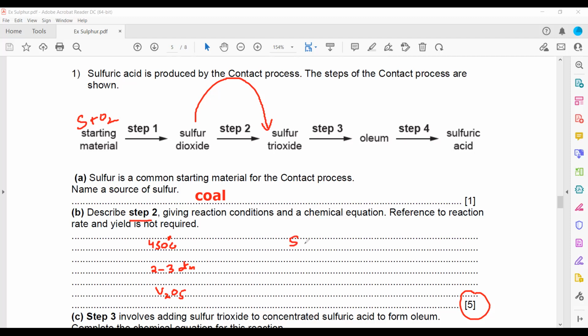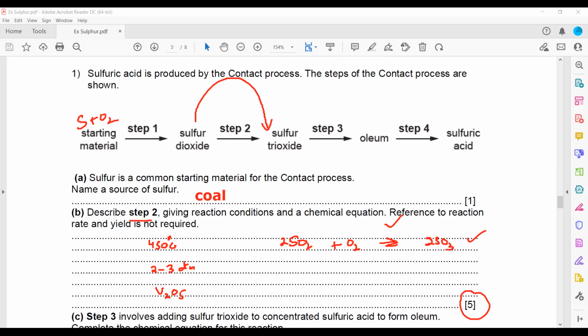Then sulfur dioxide mixed with oxygen gives sulfur trioxide; the reaction is reversible, the forward reaction is exothermic and it is a reversible reaction. So when you use the reversible arrow, you will get the fourth mark, and the complete balanced equation, you will get the fifth mark.